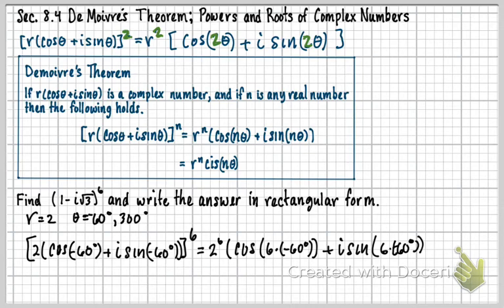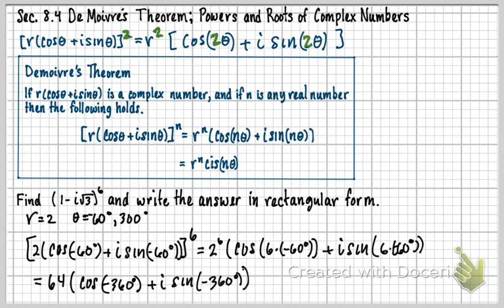All right, so now we can just multiply those out. That's going to equal 2 to the 6th, 64, times cosine of negative 360 degrees plus i sine of negative 360 degrees.